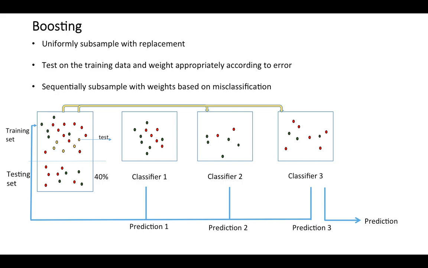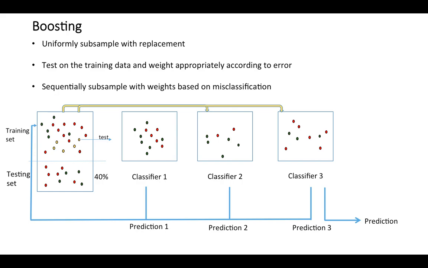the next time. Like if there's an urn of 5 red balls and 5 blue balls, and you take a uniform subsampling of 3 and 3, and then you test it, and if your prediction is wrong, next time you don't take 3 and 3. If your prediction is wrong with the blue ball, you take 4 of the blue balls and 2 of the red balls, and then you do the classification again.